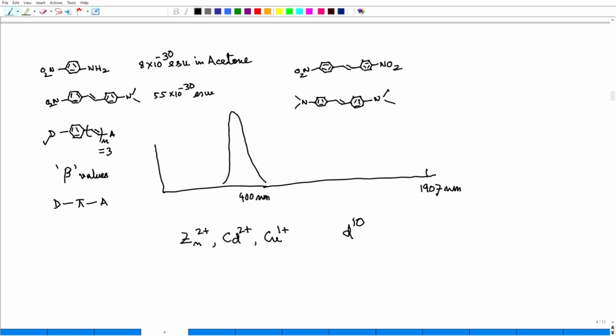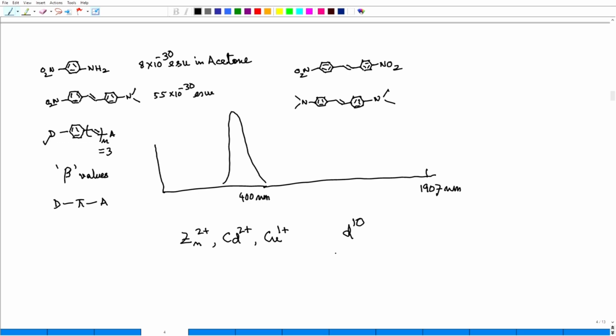Being d10 systems, they are saturated and colorless. Colorless means no absorption, and not only are they colorless, they will not interfere with beta values. This is very important: they have no spectroscopic signature, being d10.